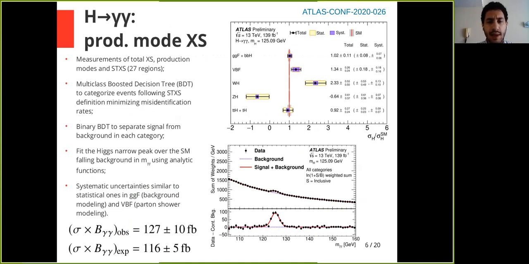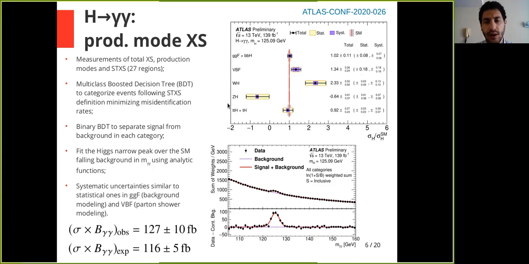This analysis makes massive use of machine learning techniques like boosted decision trees to separate the signals and also to reject the background. The fit is performed by modeling the Higgs peak and the falling background with analytic functions in the spectrum of the invariant mass of the two photons.